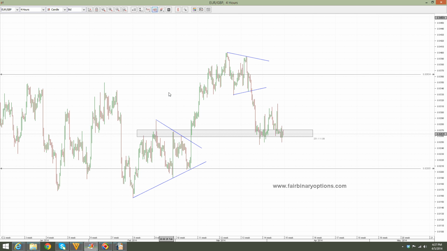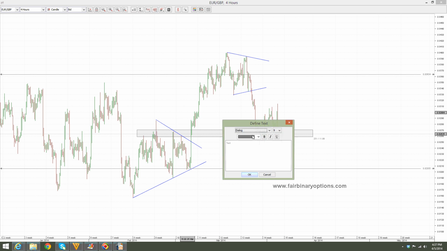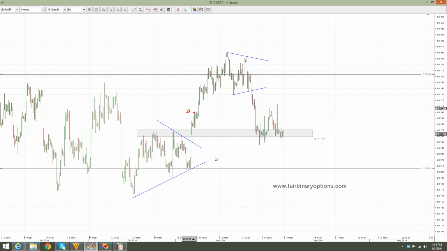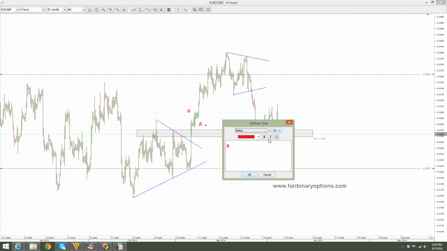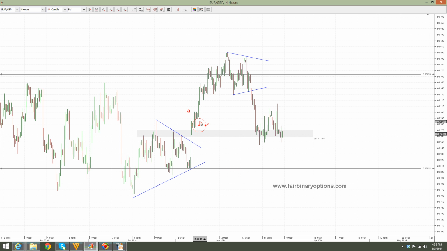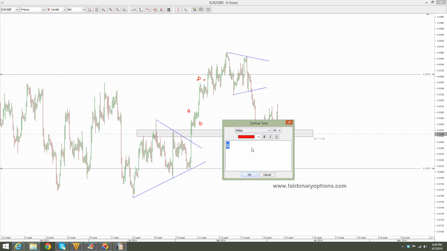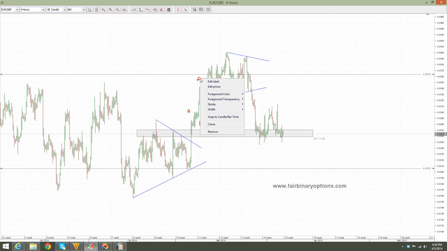So let's put on the screen the numbers. So this to be A, and the B wave here, and the C wave here, A, B, C, X wave, either here or here, it doesn't really matter, A, B, C, X wave.